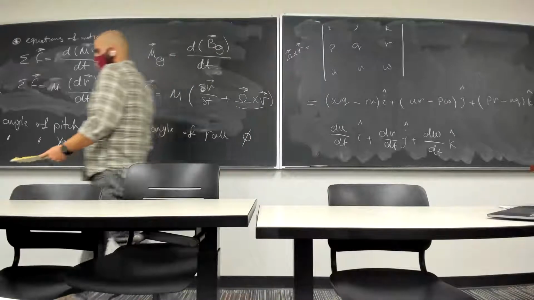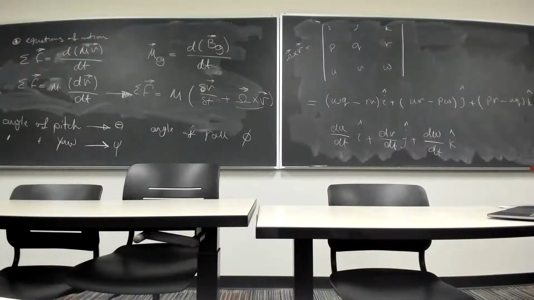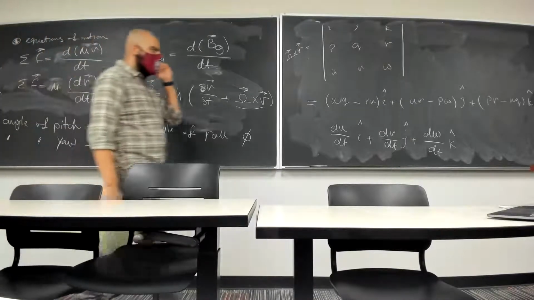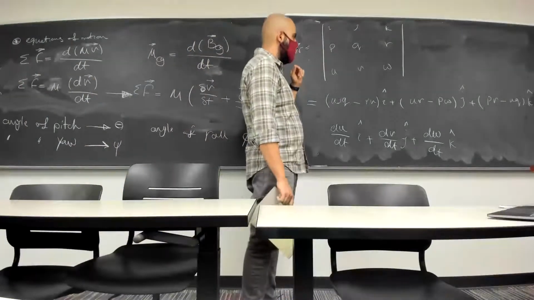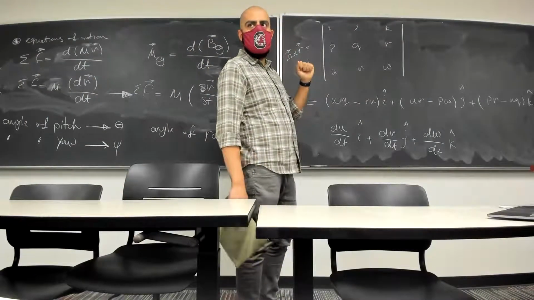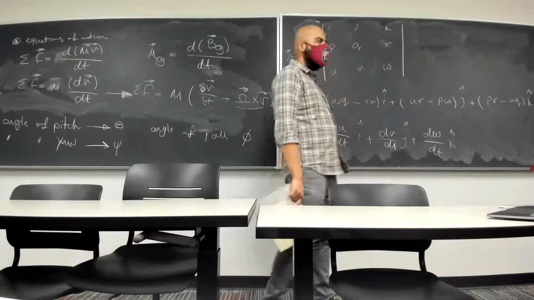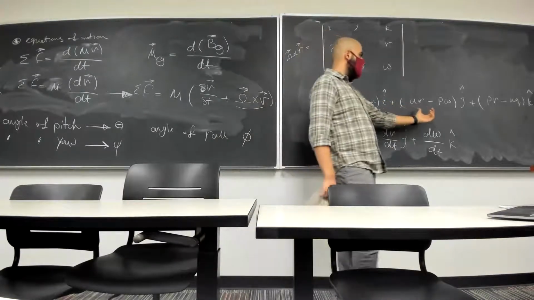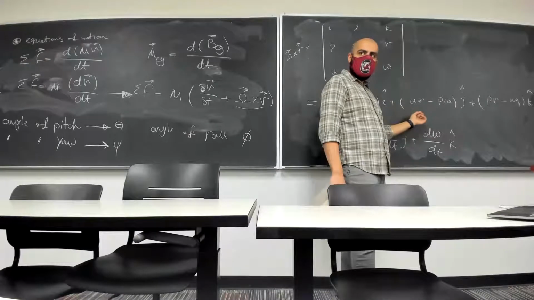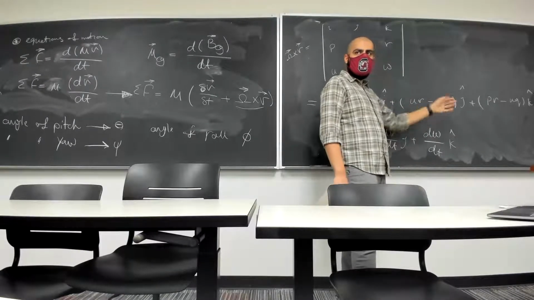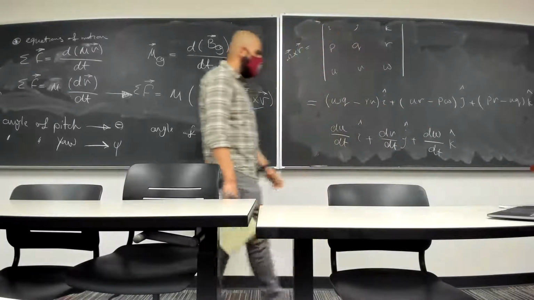And this all can be partials. You're talking about the cross product, right? I think what you're referring to should be pw minus ur and then the minus sign. I have already put that.